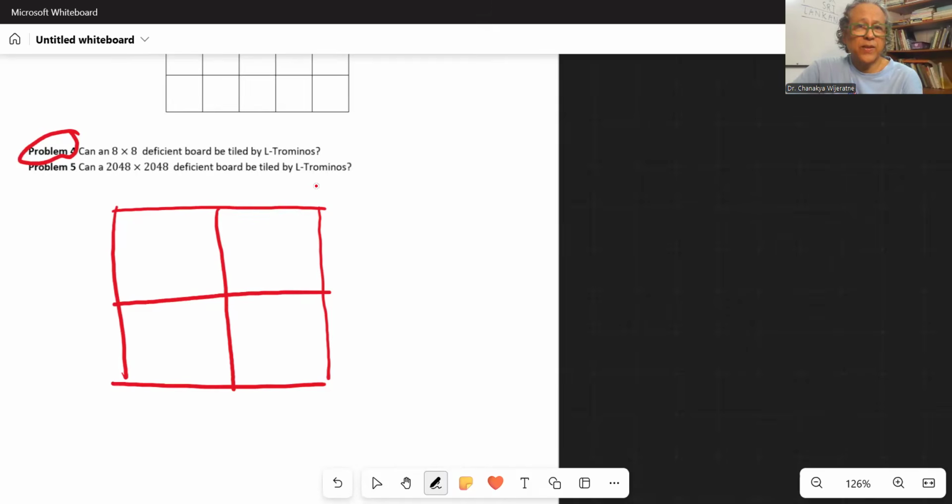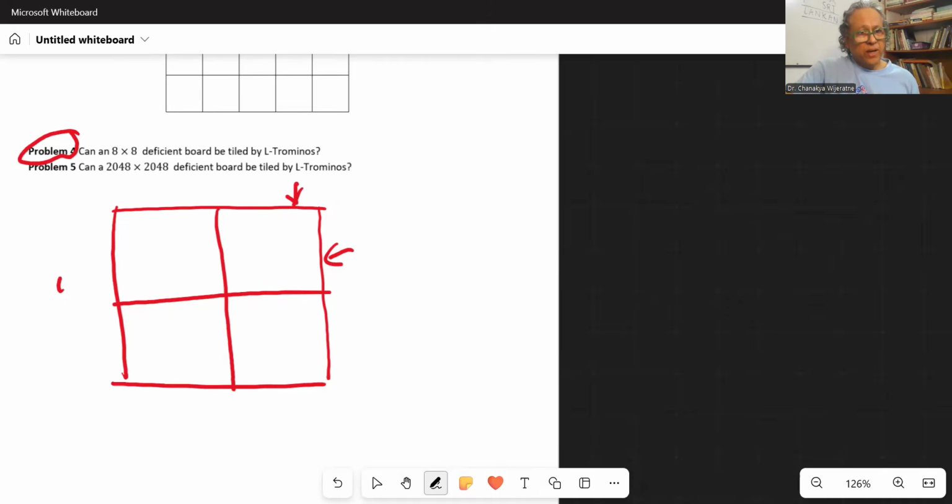And then, so we can consider only the 4 squares in this, no, it's 8 by 8, so we have 16 squares here. So when you remove one square, we get a deficient board, and we have shown that this deficient 4 by 4 board can be tiled.